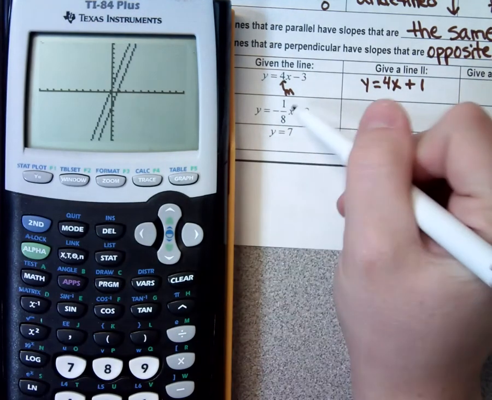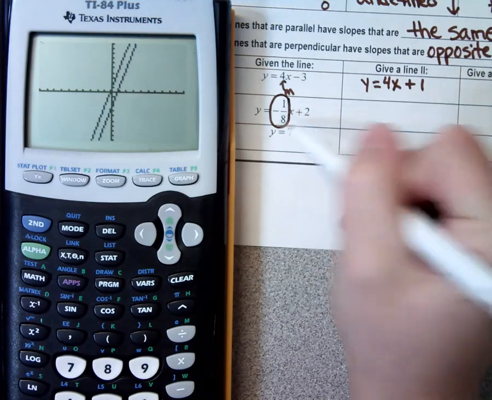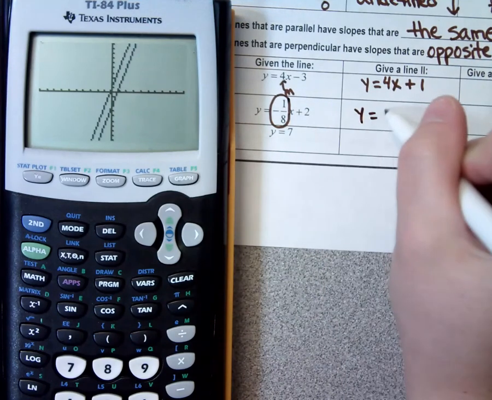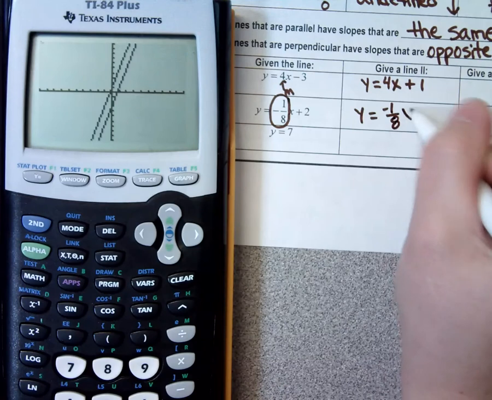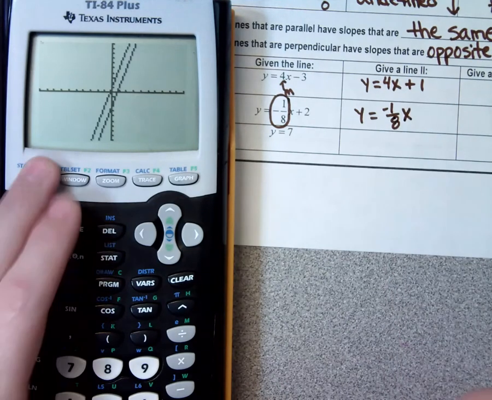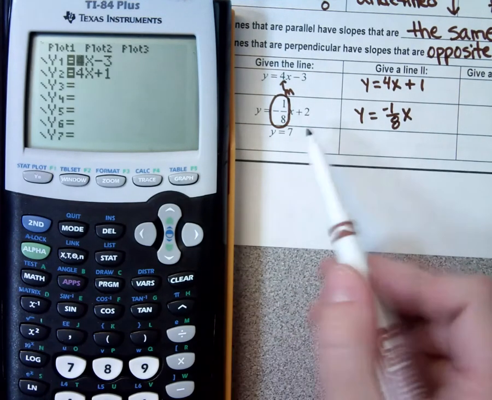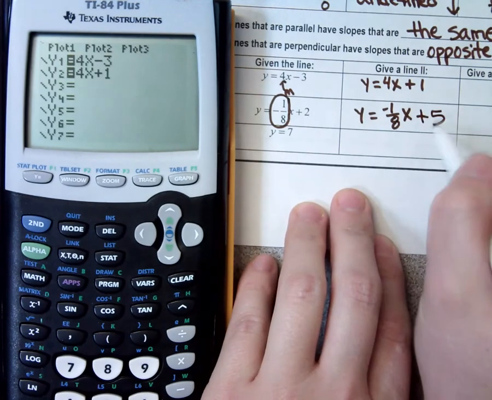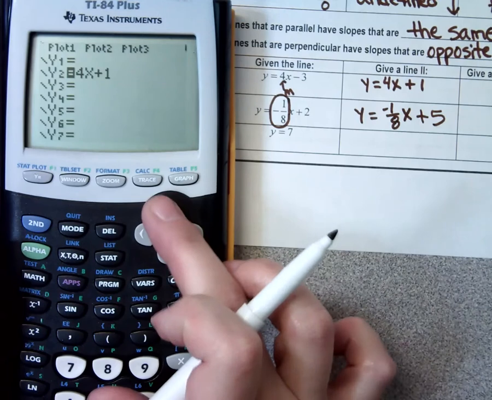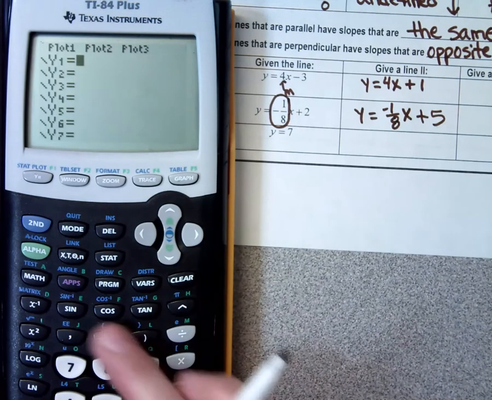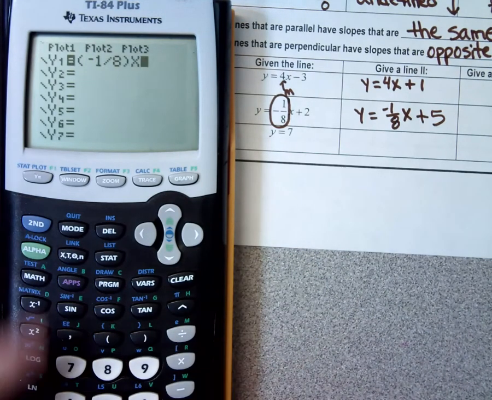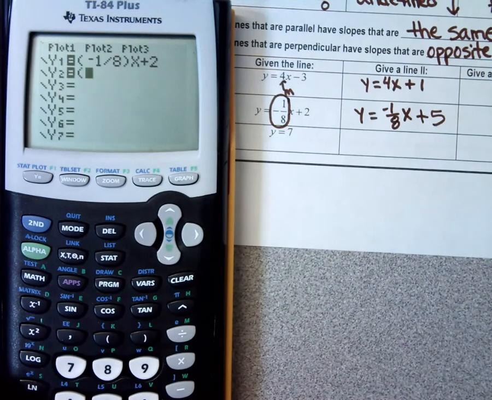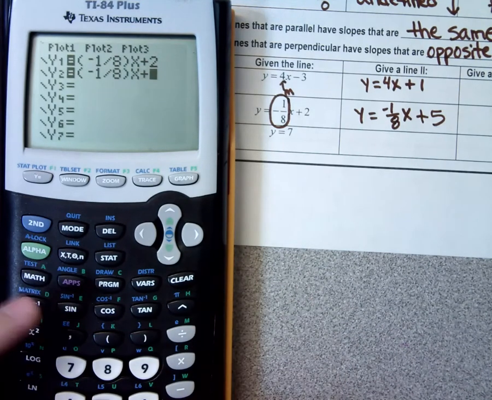If I want to be parallel, I want to have the same slope as this equation. So if I want the same slope, I'm going to start with the negative 1/8 x, but the y-intercept can be something different. So what's something different than 2? 5. Or whatever you said. Let me just show you this. So negative 1/8 x plus 2 and negative 1/8 x plus 5.